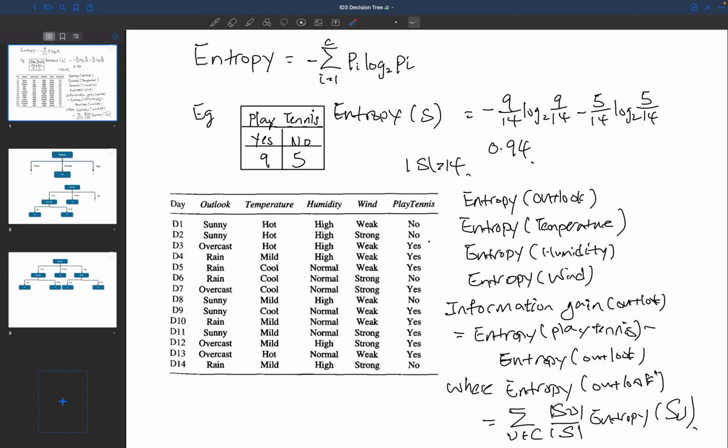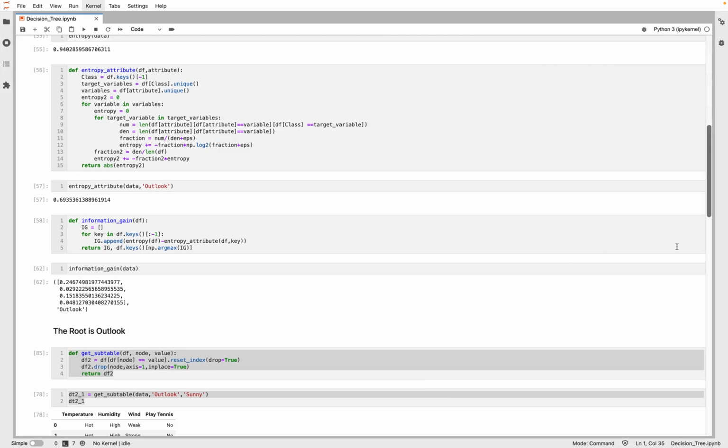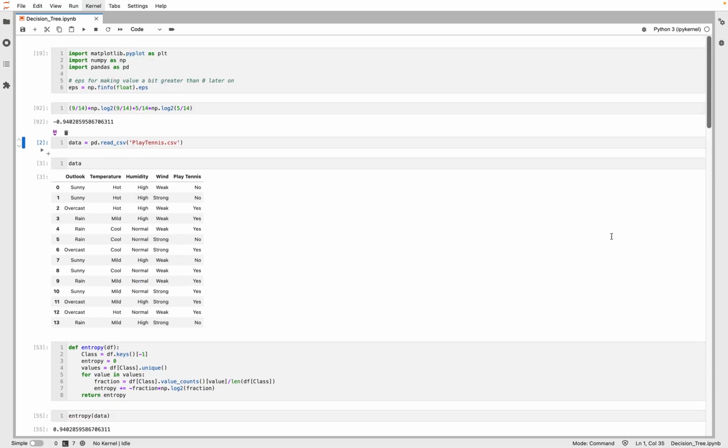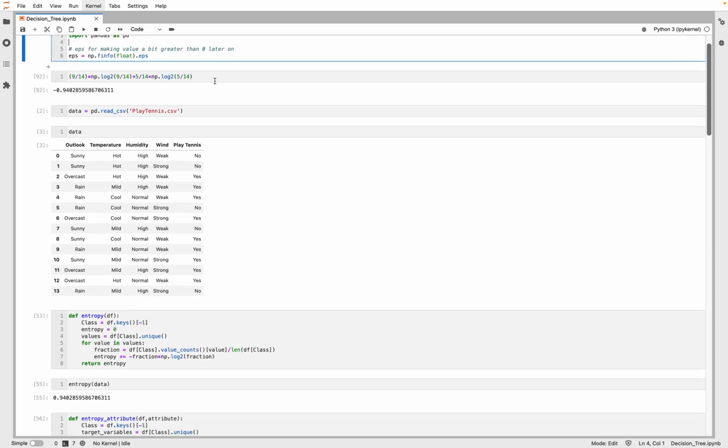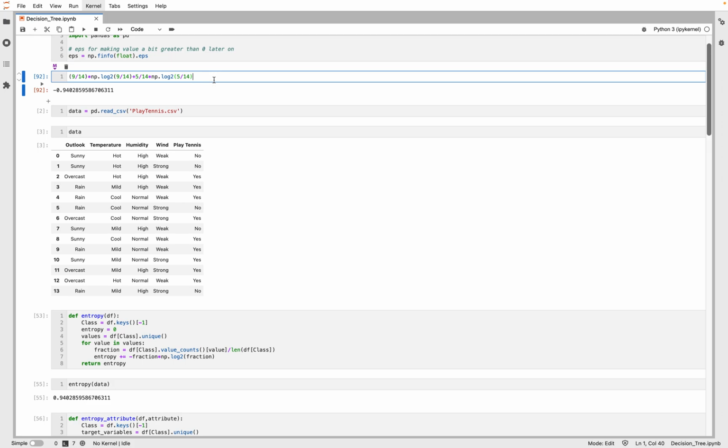I know all this sounds very abstract, so let's move to the Python code to explain the ID3 algorithm. First, we import the libraries, and we can compute the entropy of this parent, which is 0.94, as we explained previously.